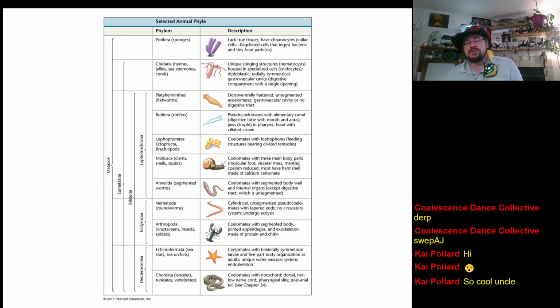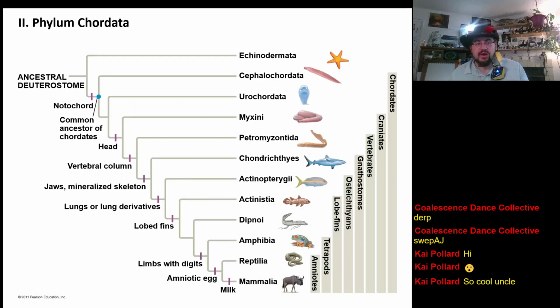Then we also did the cnidarians and the poriferans, and then we have good old deuterostomia, and we have some nice shared derived characters to put in here for chordata. Chordata is really fascinating. Chordata is organisms with 4 distinct characteristics. We'll come back to this slide shortly.